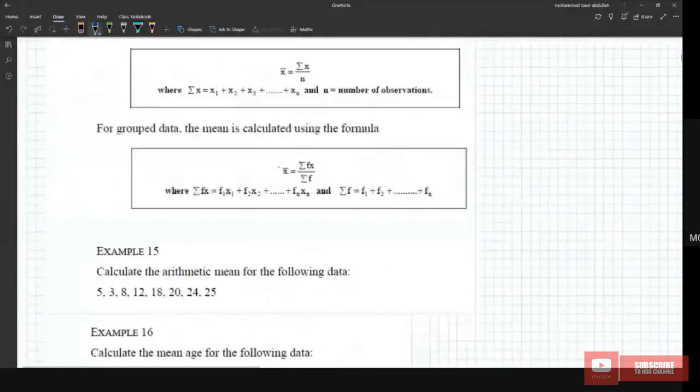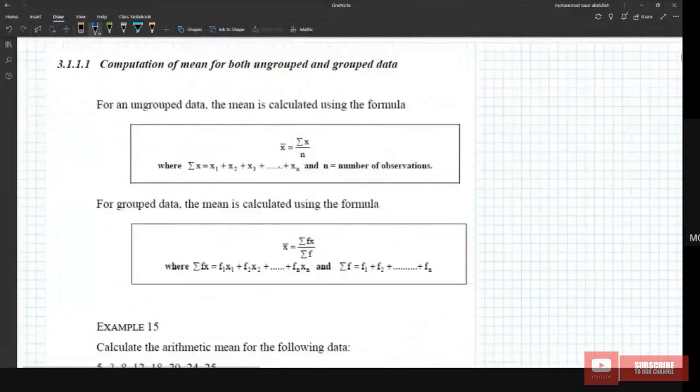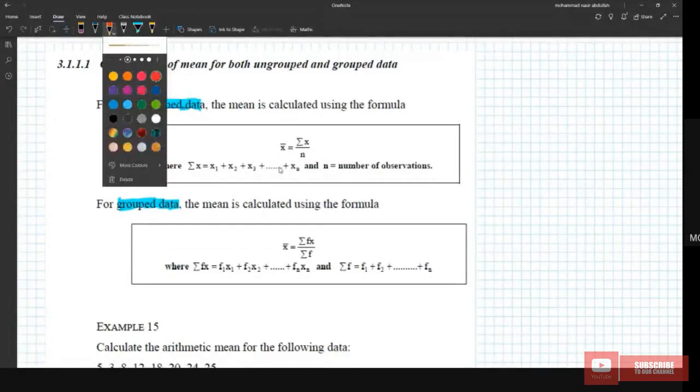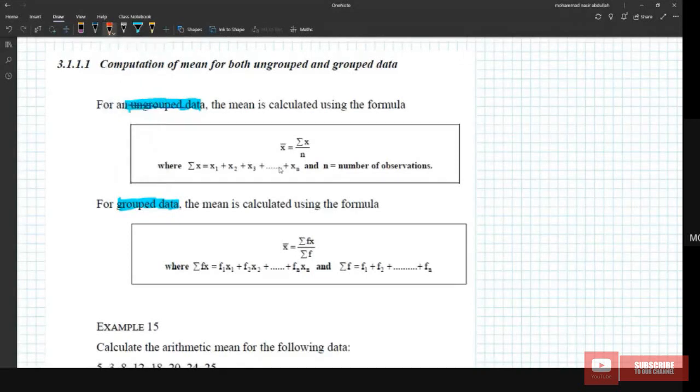We're going to learn how to compute mean, mode, and median for both ungrouped data and grouped data. The formula for computing mean for ungrouped data is summation of x divided by n, where summation of x is equal to the total of all values in our sample, and n is the number of observations.